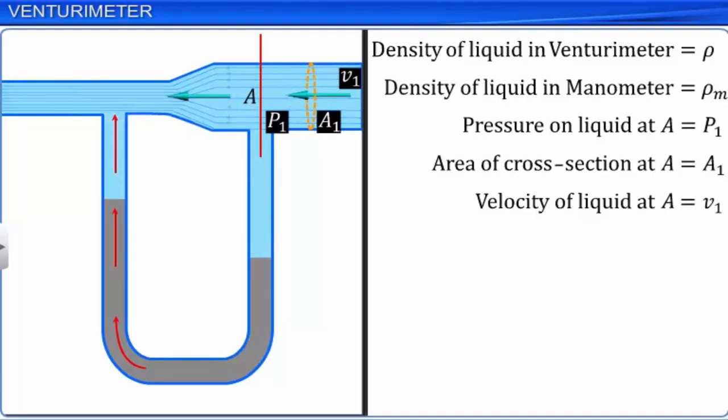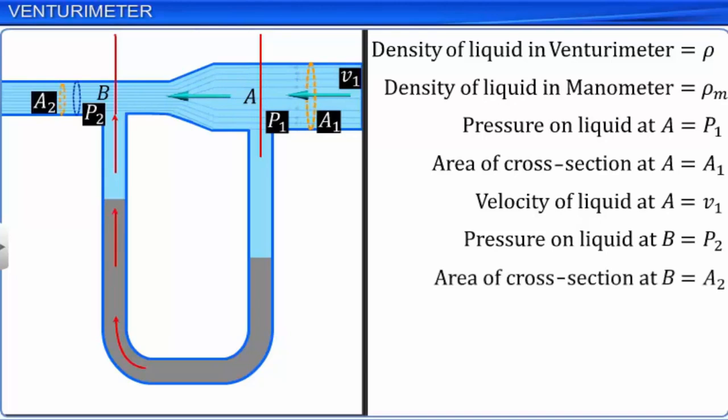Therefore, the liquid in the manometer limb connected to the constriction rises. Consider a point B on the constriction. Let P2 be the pressure on the liquid, A2 be the area of cross-section, and V2 be the velocity of the liquid at B.